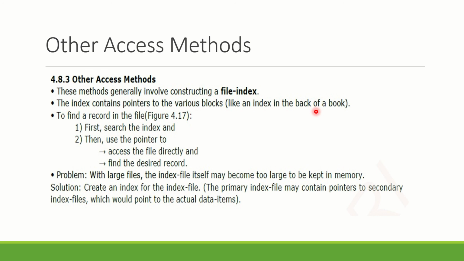Same logic here: the file maintains an index. That index contains pointers, so instead of a page number, here there are pointers. Those pointers point to the various blocks, and inside those blocks is the file content. To find a record in the file, it first searches in the index.